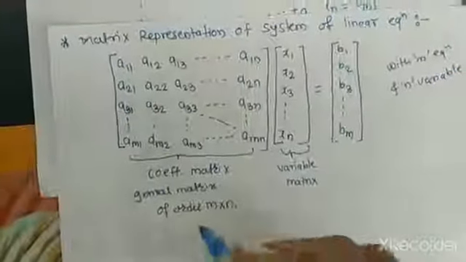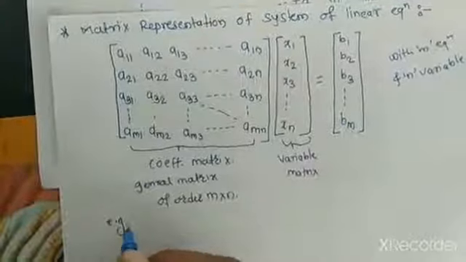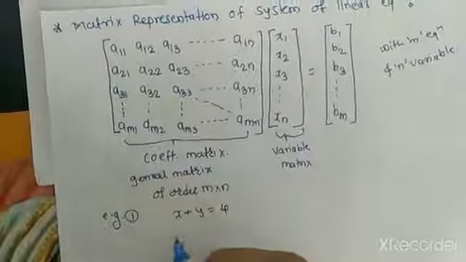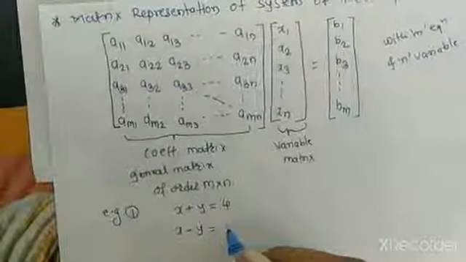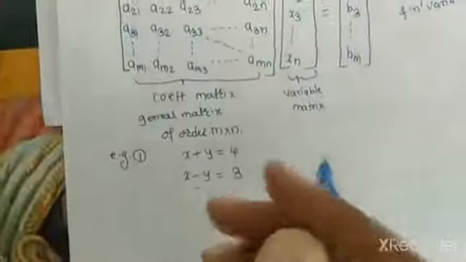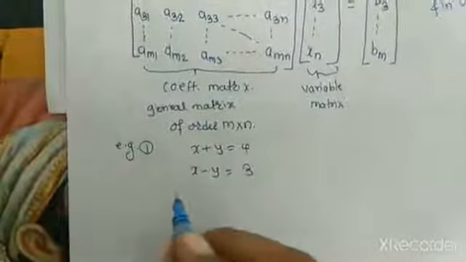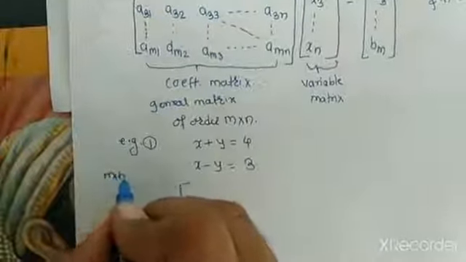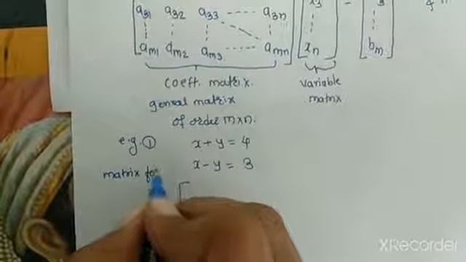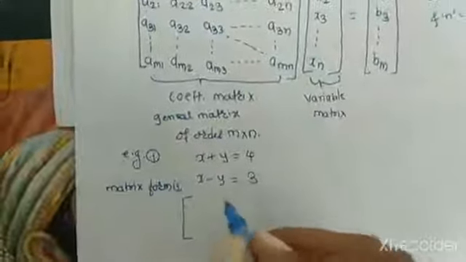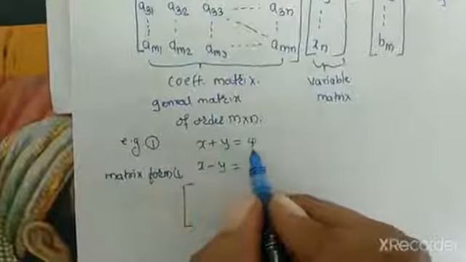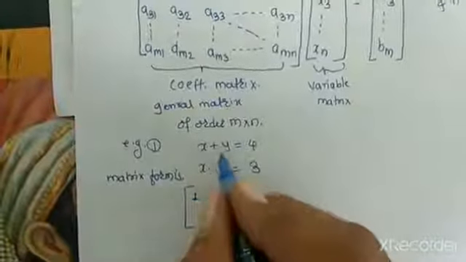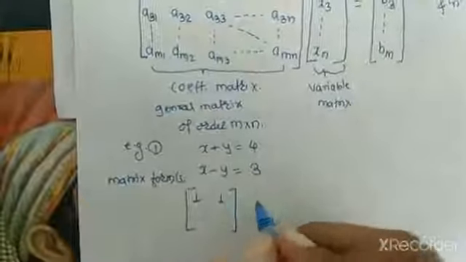For example, if we take x plus y is equal to 4, x minus y is equal to 3, we have to represent these equations in matrix form. The first equation is x plus y is equal to 4, so the coefficient of x is 1 and the coefficient of y is 1.